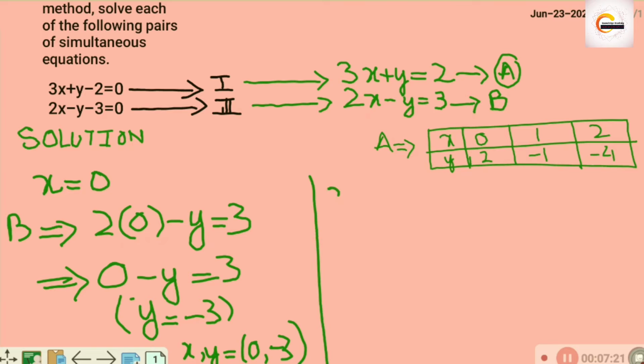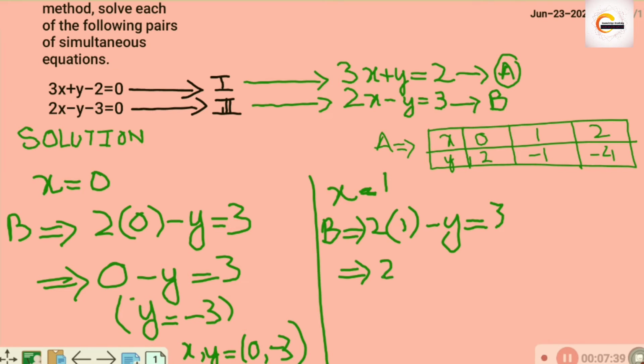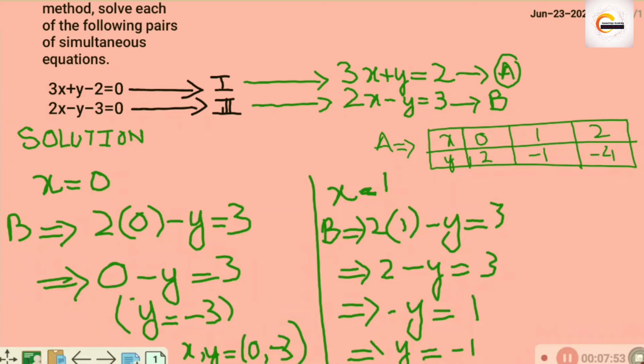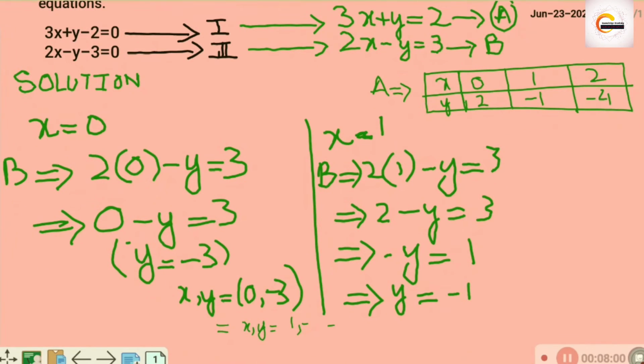Second part, if x equals 1, equation B will be 2 times 1 minus y equals 3. 2 minus y equals 3. 2 will go on the other side, and y will be minus 1. Now x comma y equals 1 comma minus 1.